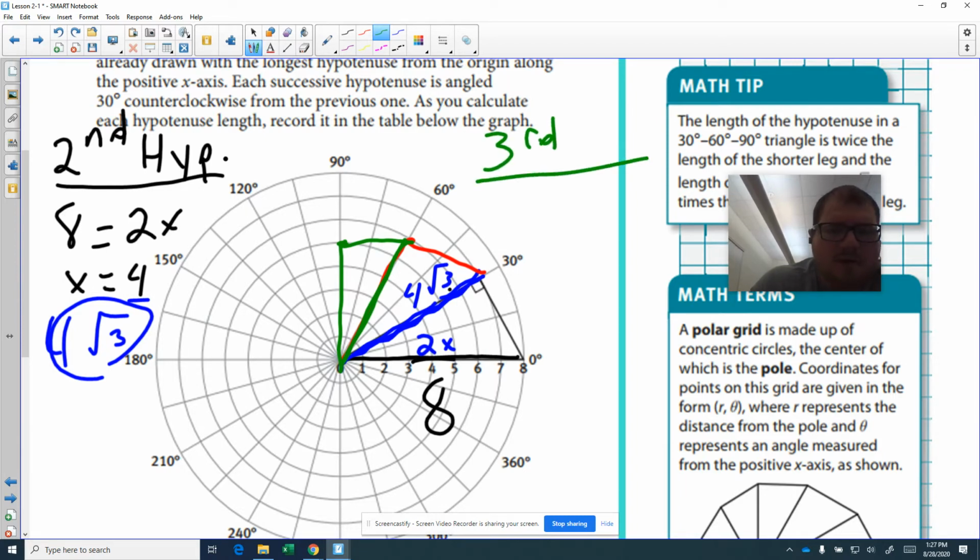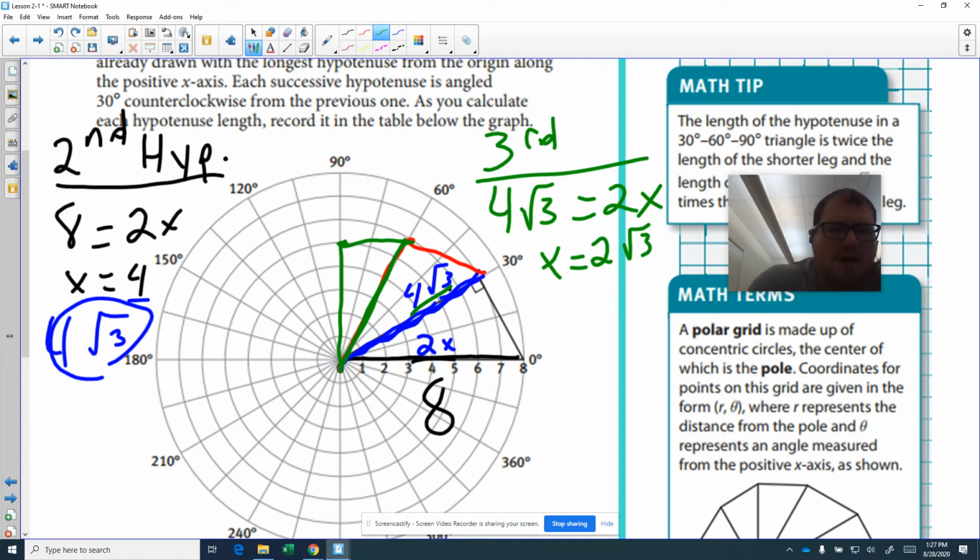And really, I'm going to follow the same process, but now instead of using the 8, I need to use the 4 square root of 3. So I'm now going to set 4 square root of 3 equal to 2x, because now that's the new hypotenuse to that leg here, okay? This is now the hypotenuse to this leg. If I work that out, x comes out to be 2 square root of 3.